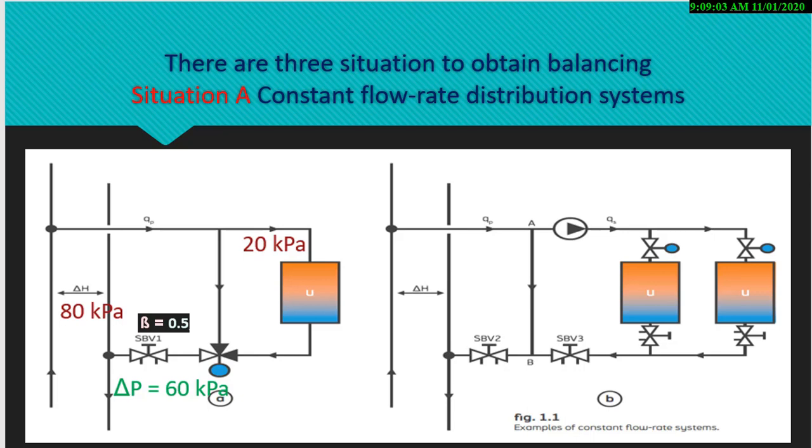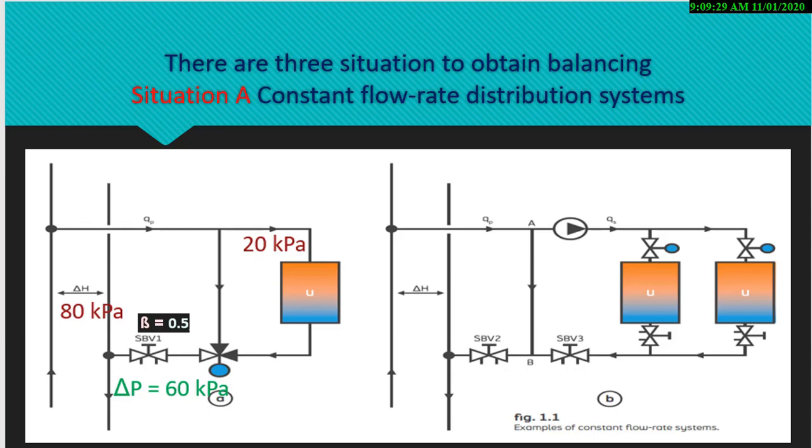In a constant flow rate distribution system, the three-way control valve is calculated to generate a pressure drop at least equal to the design pressure drop in the terminal. This means a control valve with an authority of at least 0.5 is an essential value for proper regulation.